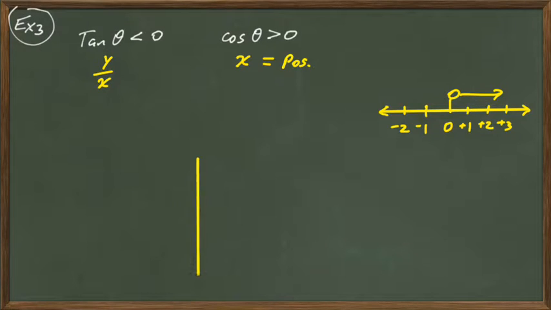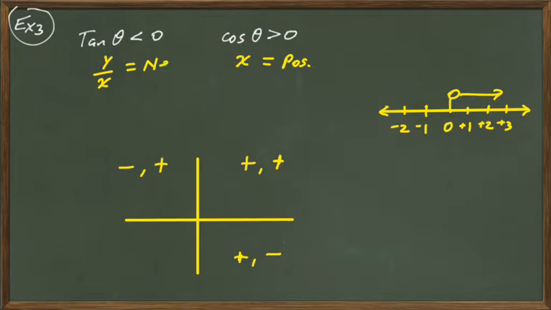So when I'm looking to find what quadrant this lies in, it has to be somewhere where the x is positive. And that pretty much restricts us to 2 of them, doesn't it? Now, less than 0 means negative. How do you get a negative y over x? Y and x would have to be the same signs or different signs? Different signs.